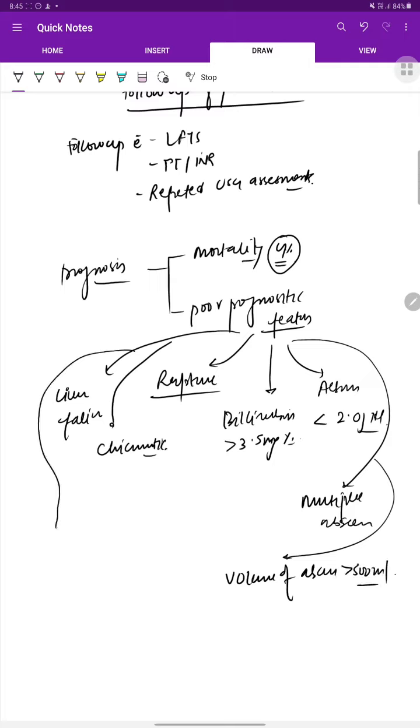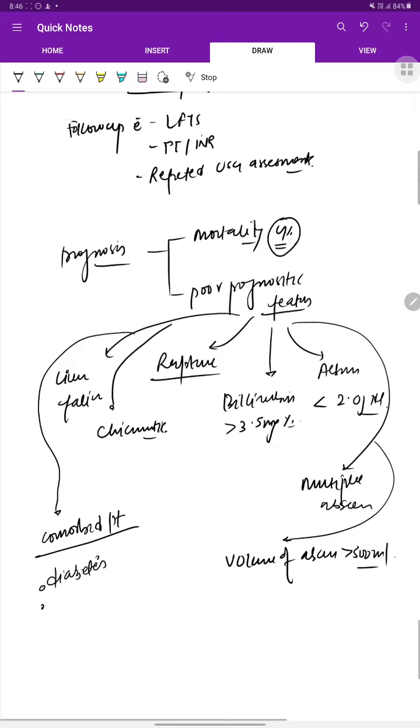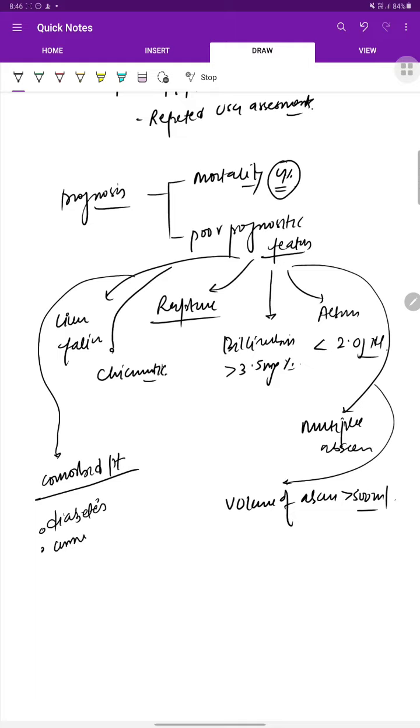If the patient is comorbid, for example diabetes, and anemia and all other things. So these all are poor prognostic indicators. So thank you very much.